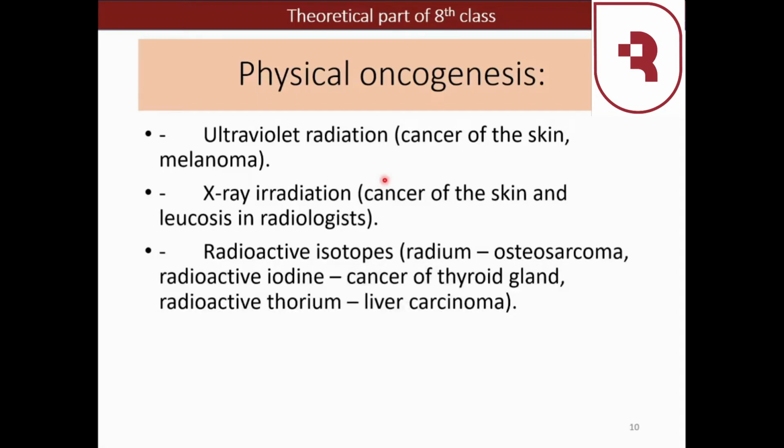Radioactive isotopes or some metals which have radioactive features will lead to formation of some malignant tumors. Sometimes it may be osteosarcoma or cancer of thyroid gland, or liver carcinoma also. So it may be different types of cancer.